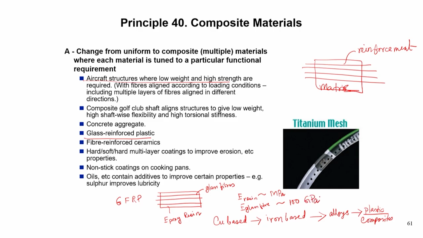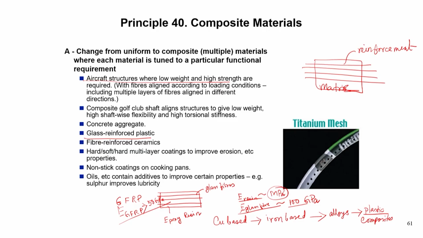So, naturally, if you use this glass fiber with the resin, you are going to get something which will not be as high as the glass fiber, but it will not be as low as the resin. You will get a modulus of elasticity E of GFRP which will be as good as aluminum alloy, something like 50 gigapascal. That is an advantage, because if you compare the density, you will see that it will be at least one third lighter in comparison to aluminum alloy. So, that is a huge weight advantage.